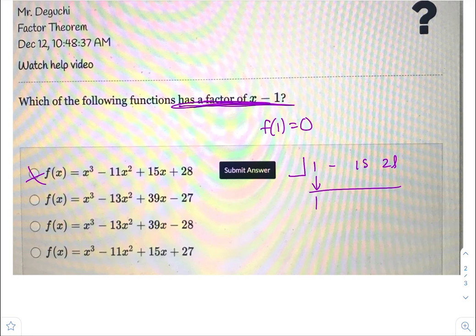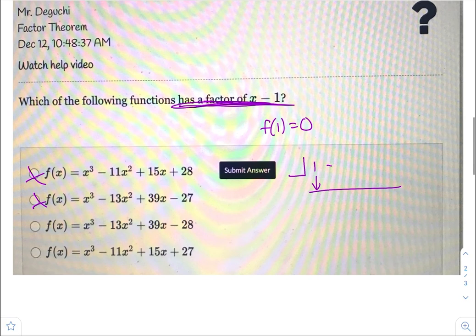Okay, next synthetic division. 1, negative 13, 39, and negative 27. 1 times 1 is 1, add negative 14, that is negative 14, add 25, not going to lead us to 0, so can't be that one.